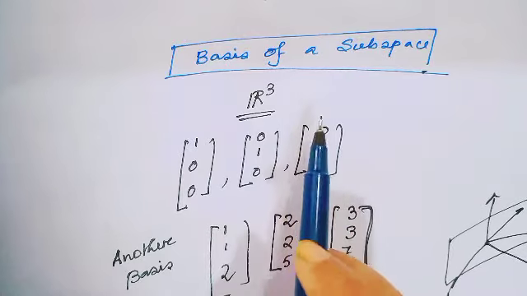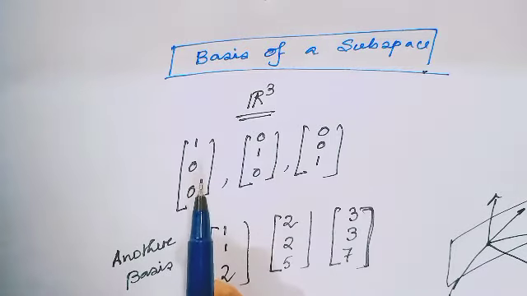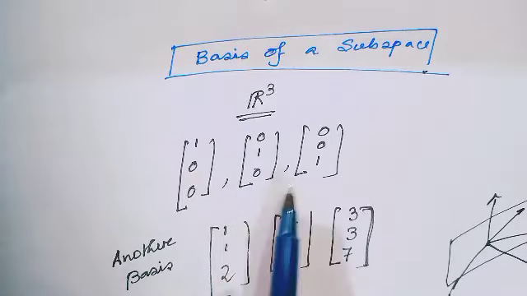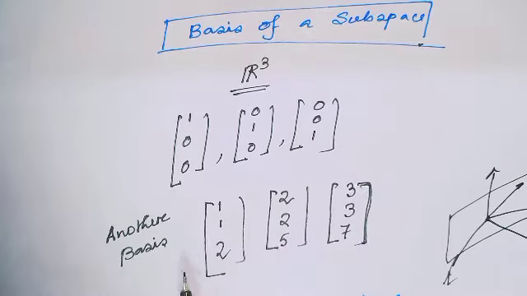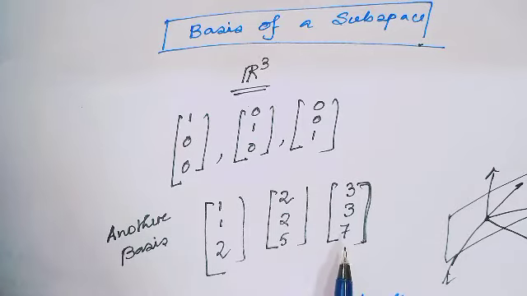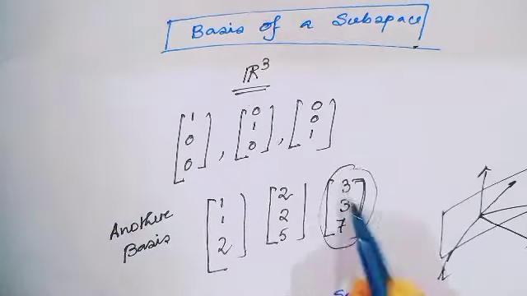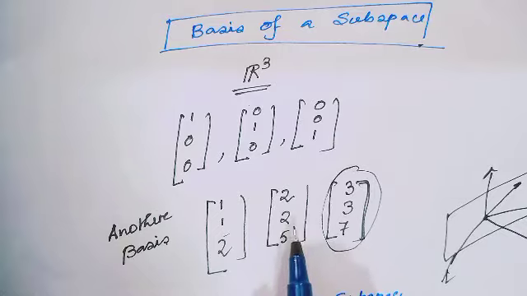We all know the standard basis of R3 is (1, 0, 0), (0, 1, 0), (0, 0, 1). Now consider another set of vectors in R3: (1, 1, 2), (2, 2, 5) and (3, 3, 7). Notice the third vector is a linear combination of the first two.